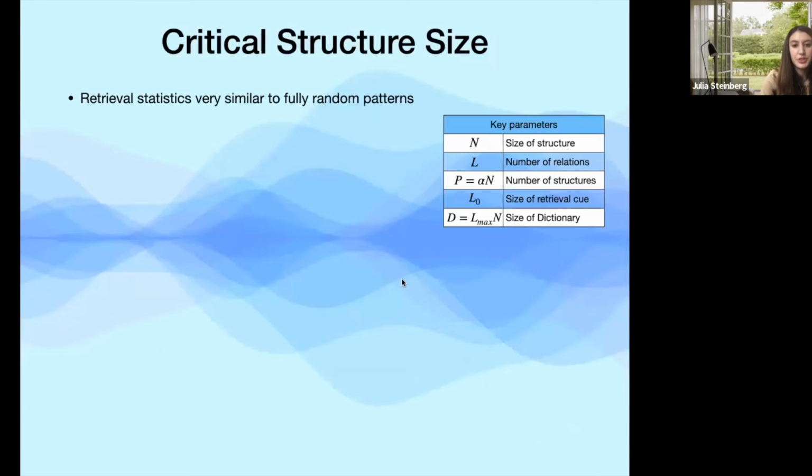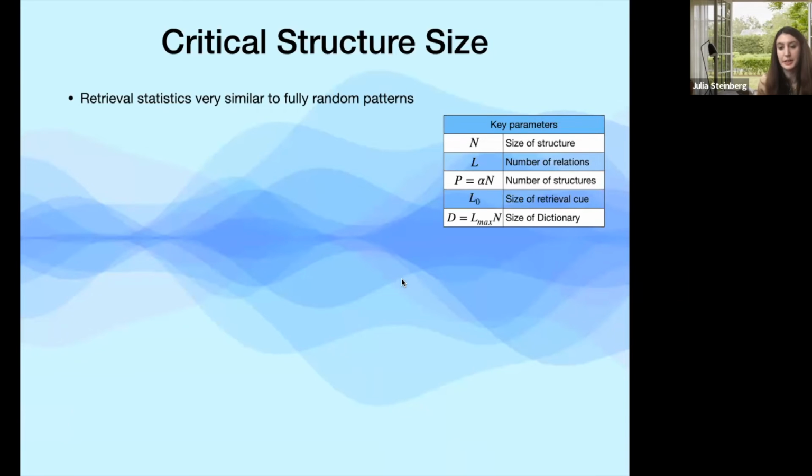So this critical structure size can be deduced by considering the retrieval statistics for fully random patterns. Usually when you think of a Hopfield network, you think of each memory as just being a random pattern. And in this case, we're considering random vectors just to look at limitations of the capacity.